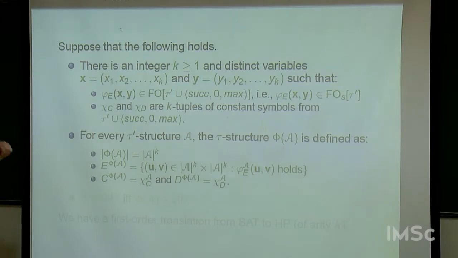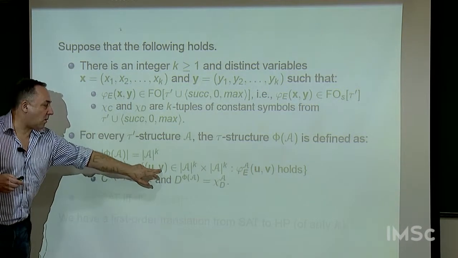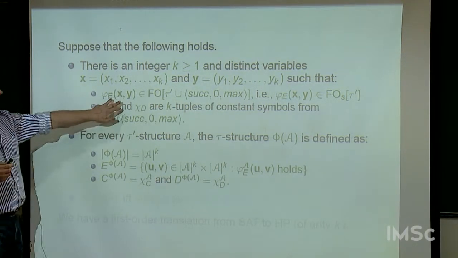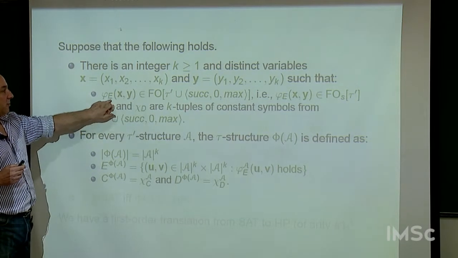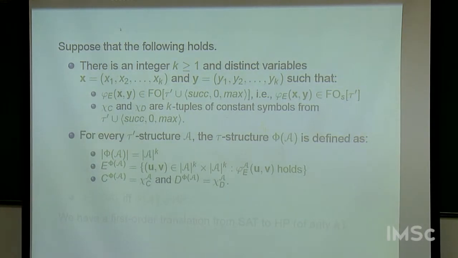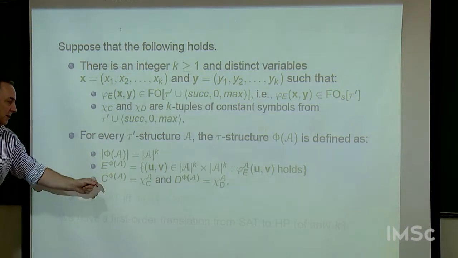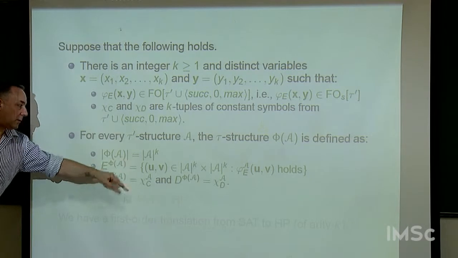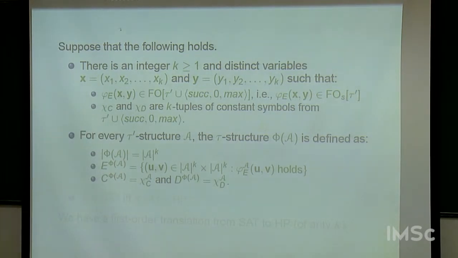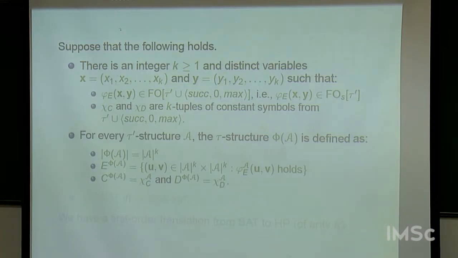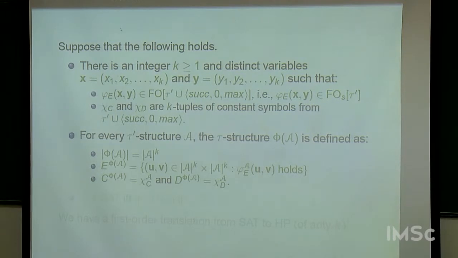The edges in my target structure will be all of those pairs of k-tuples u, v, so that when I plug u and v in as x and y and interpret accordingly, the formula holds. And the constant c is just the tuple corresponding to this tuple of constant symbols, and the constant for d is the tuple corresponding to this tuple of constant symbols.